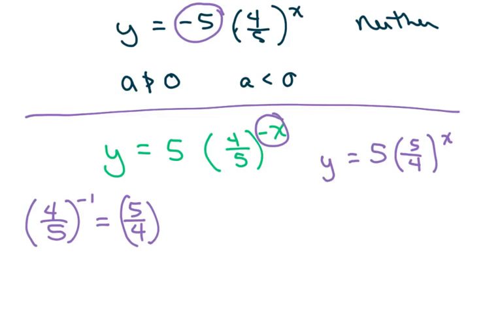So it might look like exponential decay, but it's actually exponential growth, because a is positive and my b is greater than 1. Okay, that's all.